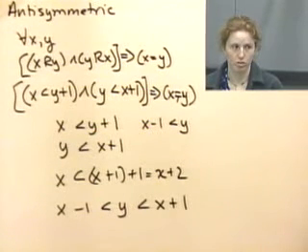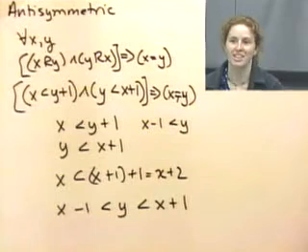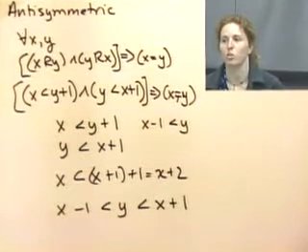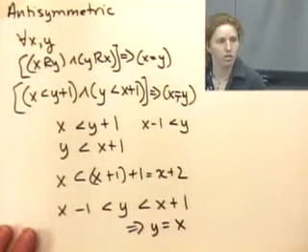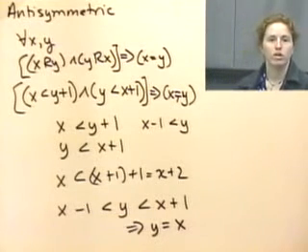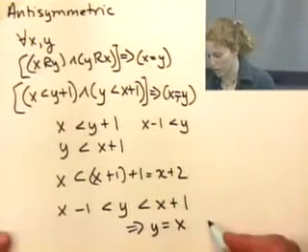Yes, they are equal. Because the only integer between x minus 1 and x plus 1 is x. There's only one of them in between, one less than x and one more than x, and that's x itself, so y equals x. So that's what happens every time we have both of those being true, so therefore this is antisymmetric.